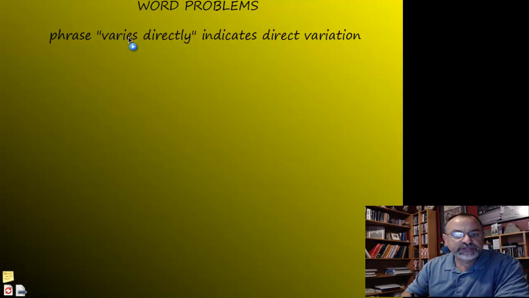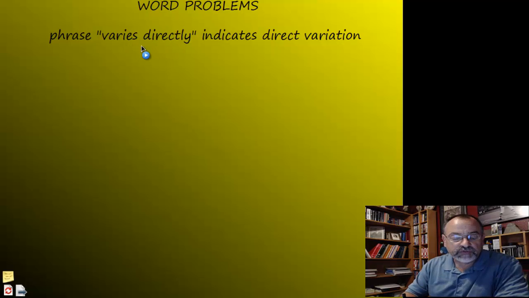As soon as we see the phrase varies directly, we know that our general equation is going to be y equals kx. And as soon as I know that, the only job for the rest of the problem is to determine what k is. And k, like I just stated, is one y over one x. That's all we need to look for in the problem.